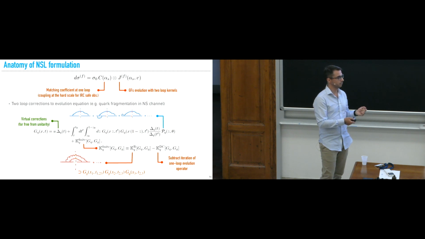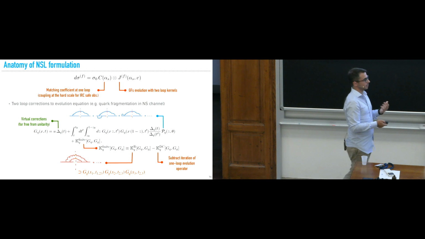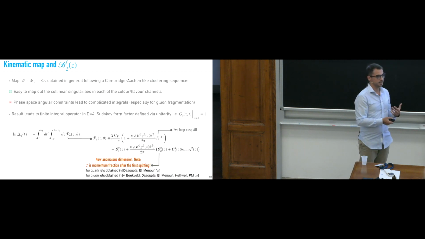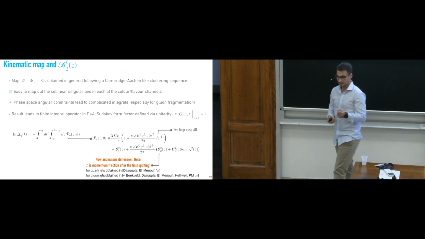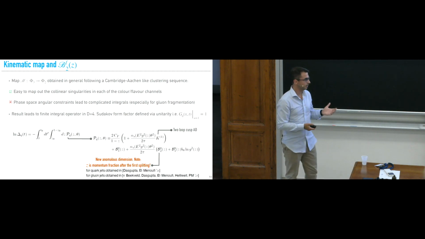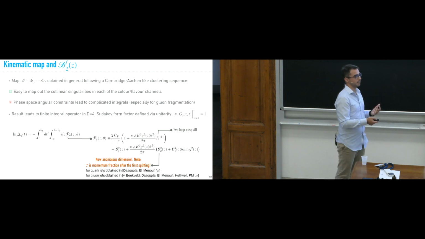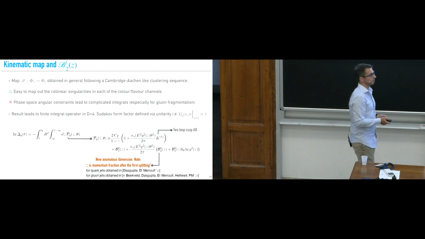And you end up with different definitions of the building blocks, of course, of the different terms of this evolution equation. An interesting result is that now if we calculate, for instance, the Sudakov form factor, this is a building ingredient of any parton shower algorithm, we can again impose unitarity, so impose that the inclusive collinear radiation doesn't change the cross-section.